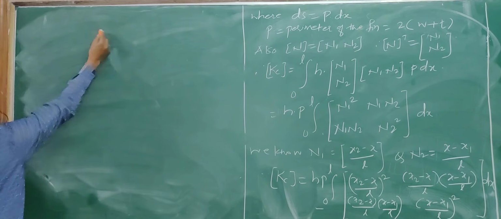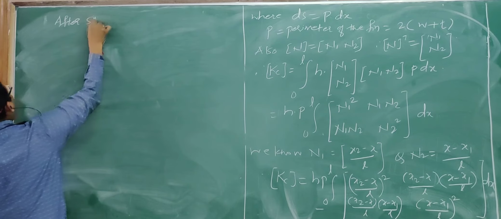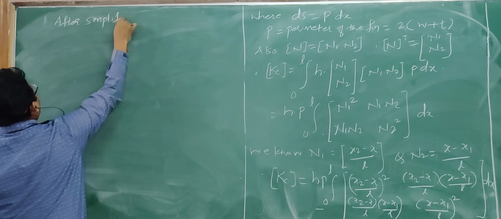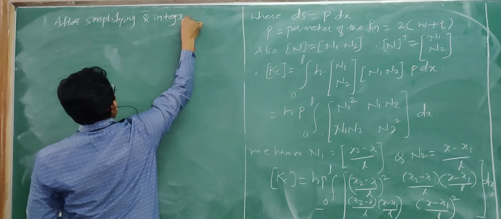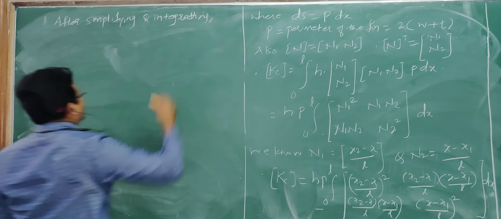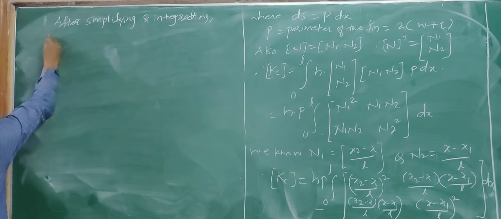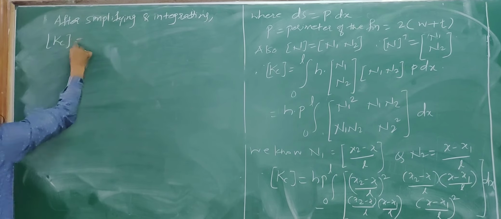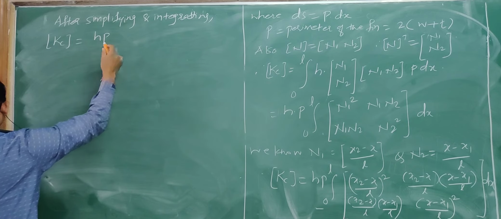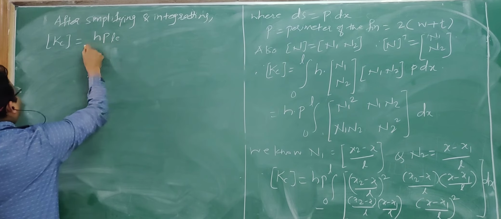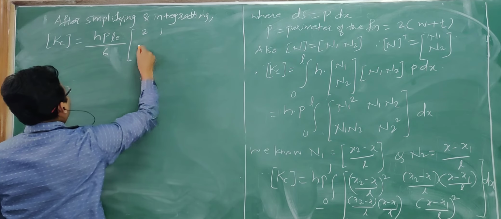So therefore, after simplifying and integrating, we get Kc equals h into P into Le divided by 6, times the matrix [2 1; 1 2].